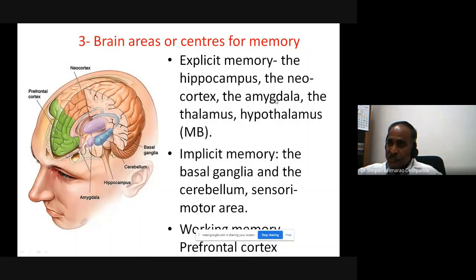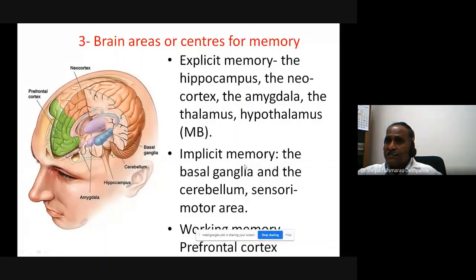Amygdala is associated with the emotional components. Then we have the thalamus here. This is the basal ganglia. Then the hypothalamus is also required, because the mammillary body is required for memory formation. Then we have the basal ganglia, that is, the striatum. So these are the things required for explicit memory.